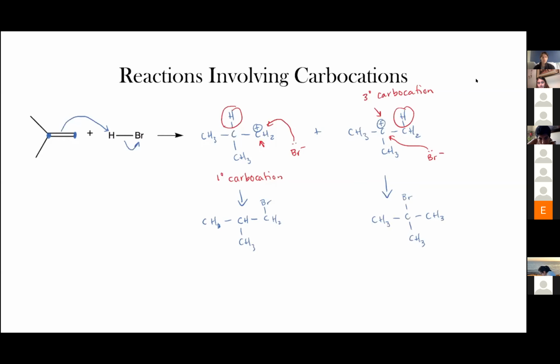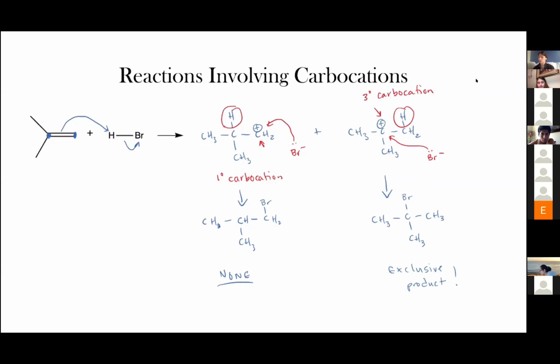And so it actually turns out that none of the one on the left forms, and the exclusive product is the one on the right. Okay, so the scenario in which a primary carbocation was formed does not happen.